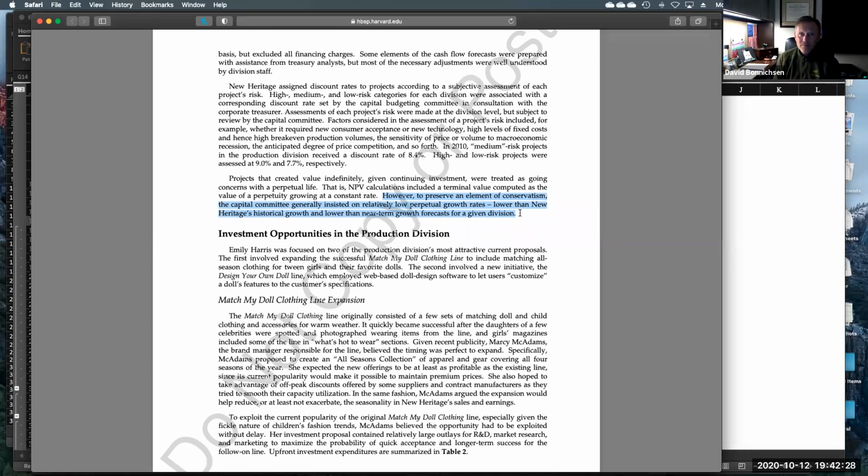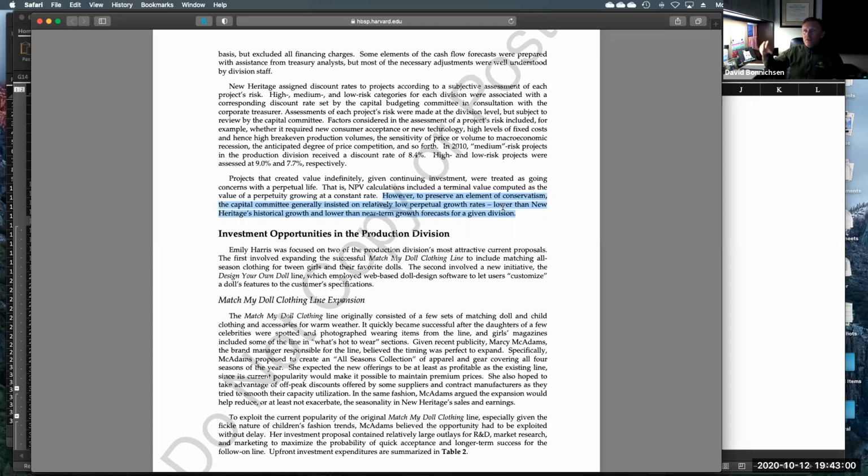So instead of it simply being the final cash flow stream divided by the growth rate, they're more conservative. So the terminal value for the Heritage business, in these two projects that you're going to be evaluating, isn't going to be just the straight up perpetuity formula of final cash flow divided by the growth rate of the firm of 3%.